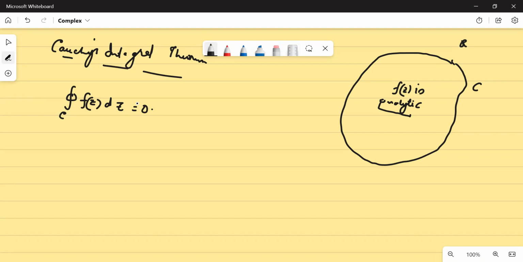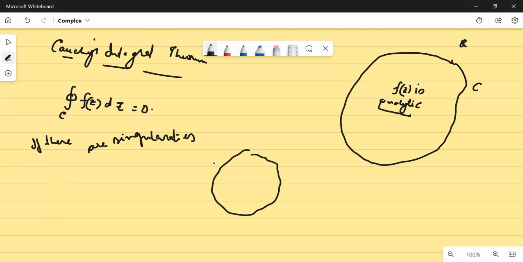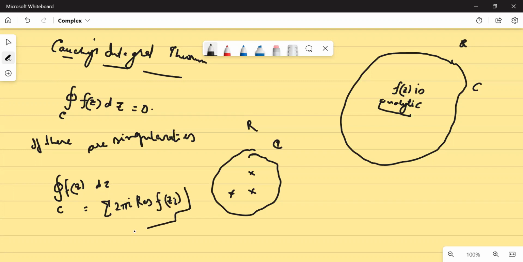I told you that if there are singularities, so if this is your region R, this is the closed curve in the region R, and there are certain singularities, then if you integrate your function f(z) dz over this closed contour C, this will be equal to the summation of 2 pi i times the residue of the function at all those singular points. So this is what we've been doing till now.